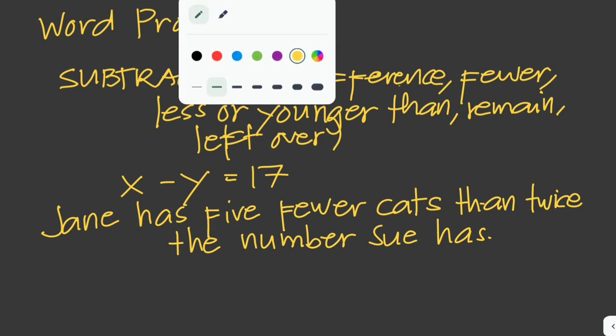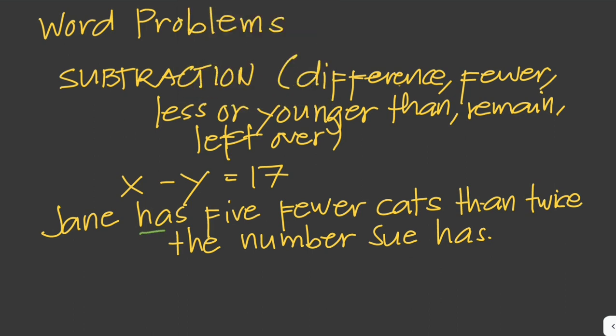So let's write this mathematically. Has means equal. So let's say Jane is J equals 5 fewer cats than twice the number Sue has. So twice the number Sue has, 5 fewer, so minus 5. That's how to interpret that mathematically, or write it into a mathematical equation.